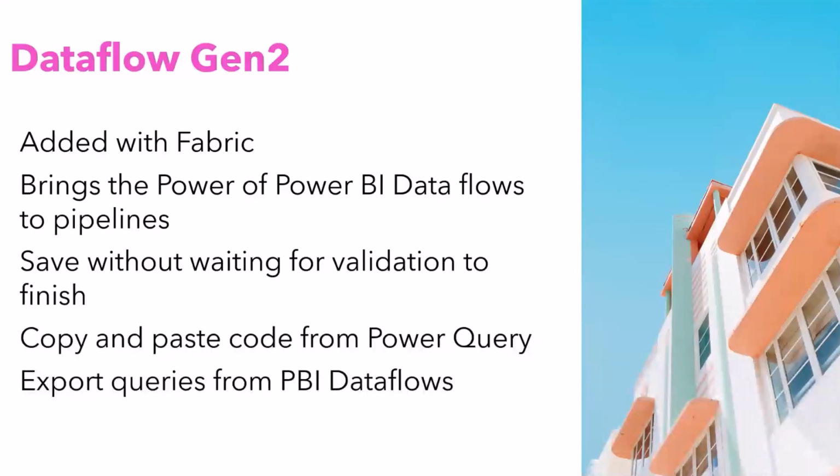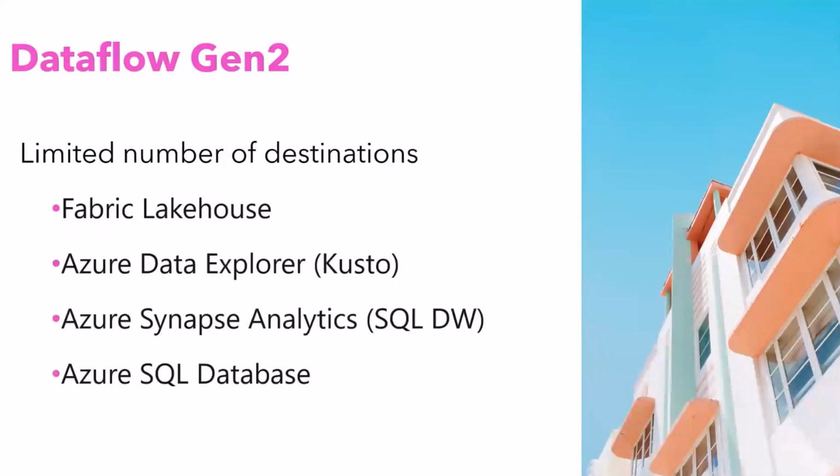So how do Dataflow Gen 2s work? They do have limits, of course. You've got to start somewhere and they're starting a little bit small. So the destinations are kind of small. Your destinations for Dataflow Gen 2 are Fabric Lakehouse, surprise, surprise, Azure Data Explorer, Synapse Analytics, and Azure SQL DB.